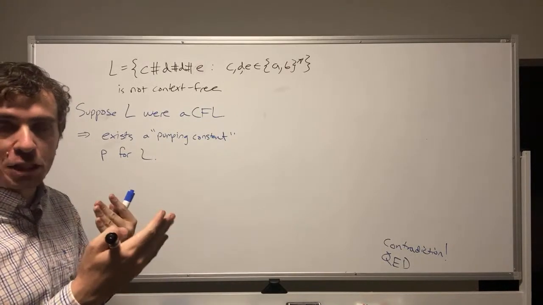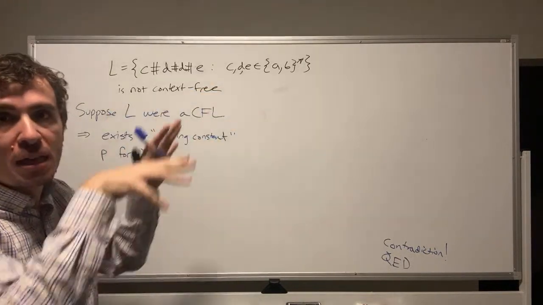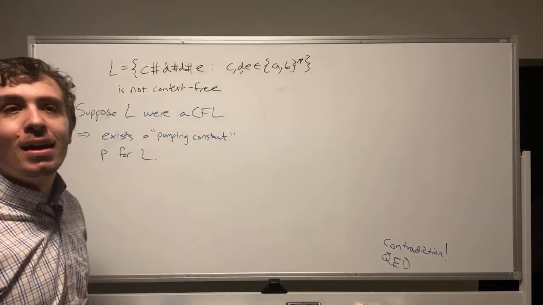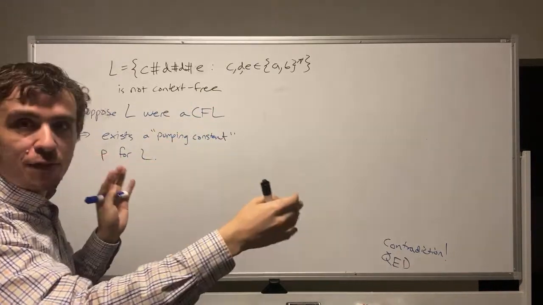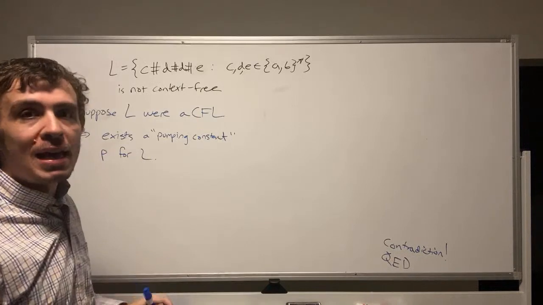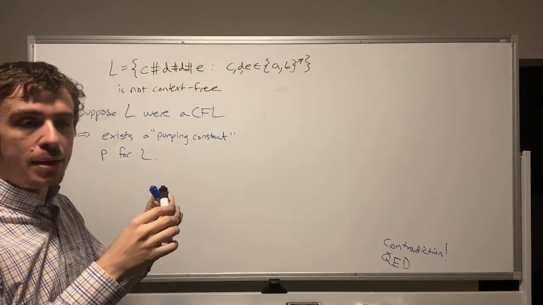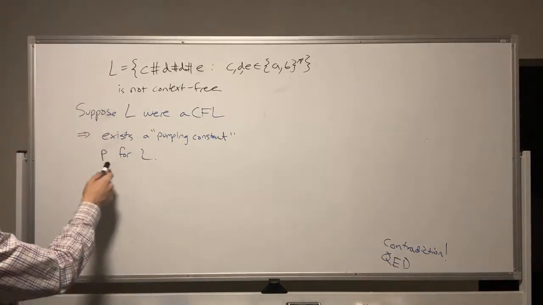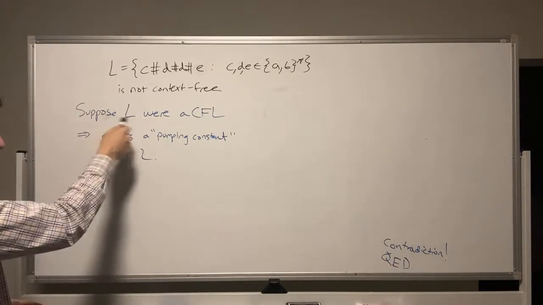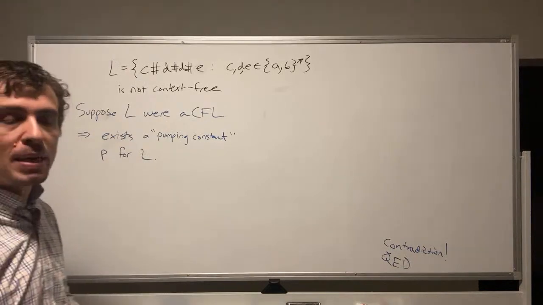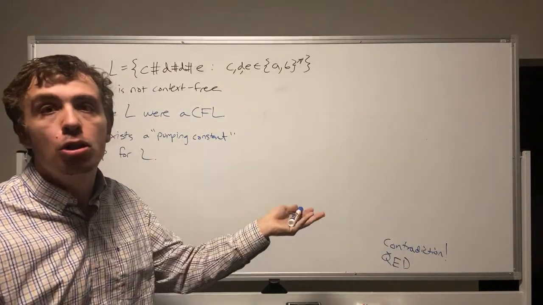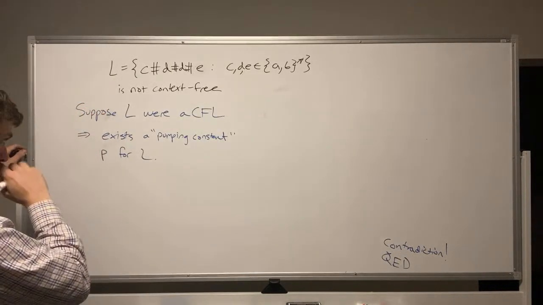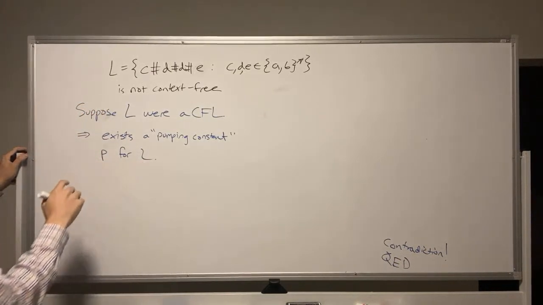It must have length at least P, so that we can guarantee the copy-paste thing. And the string, whatever we choose, must be in this language, because we can't make a parse tree if it's not in the language. So we need to pick a string that's in the language and of length at least P.